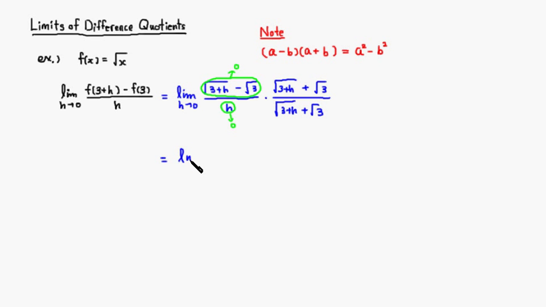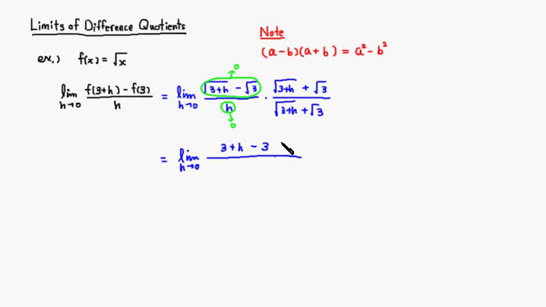So you have the limit as h approaches 0 of a big fraction. Here's a minus b, a plus b. So a squared is going to be, the square root is gone, so you just get 3 plus h. That's nice, right? And the minus sign, and the b squared. So b is this guy, so the square of the square root of 3 is simply 3.